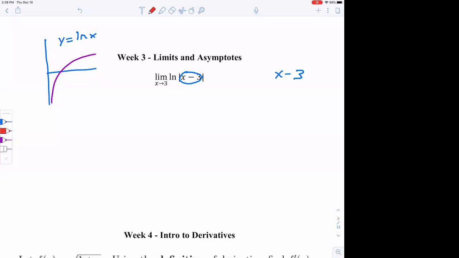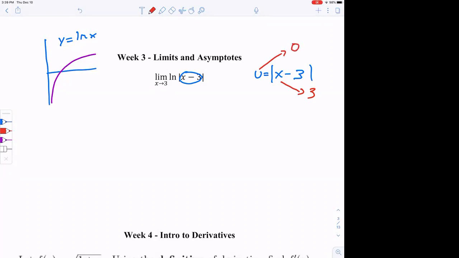You could think about making u equal to the absolute value of x minus 3, just as one possible approach here. You can think about, okay, x is going to approach 3. And as x approaches 3, then something happens to u.